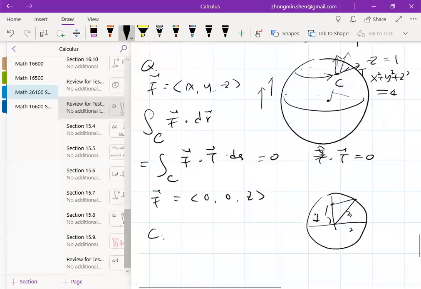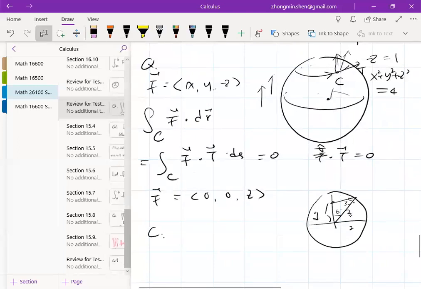I think the angle is going to be 60 degrees. That will be 30 degrees. The special triangle. All right, so the other side will be square root 3 over 2 times 2. So r is just square root 3.